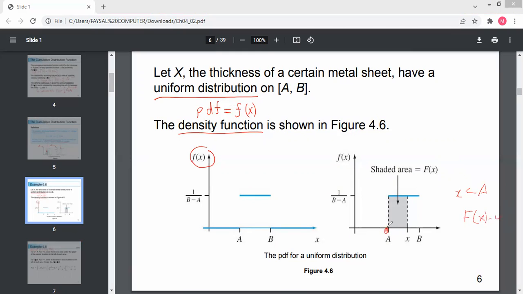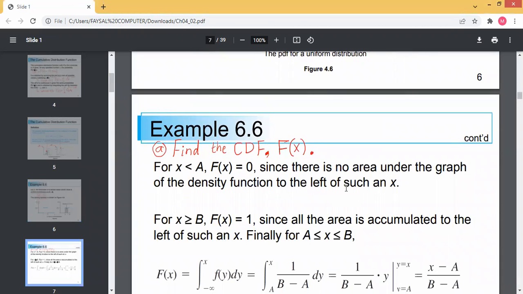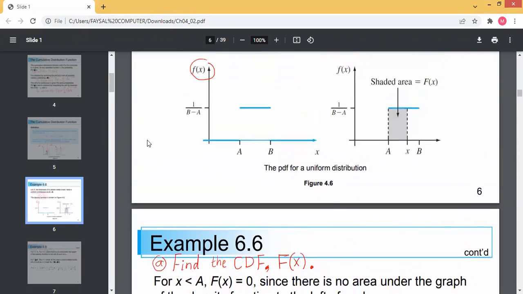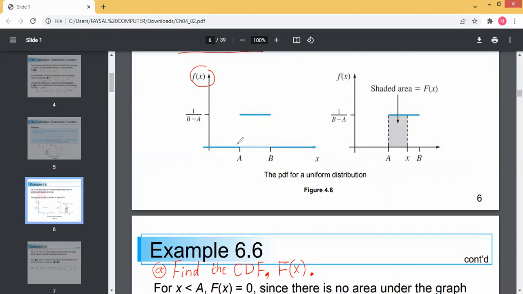This means that behind this point, it will be 0, so there is a straight line, this one. This line shows the function when the x value is less than a, so my function value will be equal to 0. Is it clear? Yes, sir. Okay. Since there is no area under the graph of the density, the function value must be equal to 0.